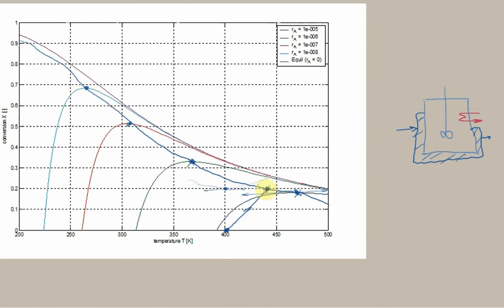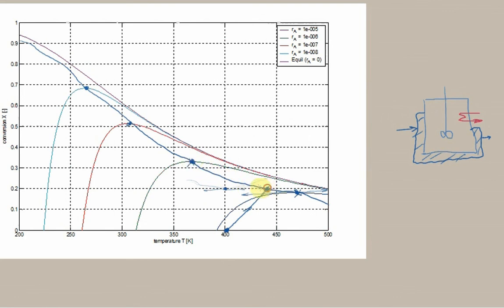And so we can say, okay, we'll reach this point, and then clearly the rate will continue to rise. But the conversion will continue to rise, and while it's rising, let's say we keep cooling the system. So if we predict it's going to take 10 minutes to get to this point, then after 10 minutes, we must start cooling the system. And we must cool the system so that we stay on this line.